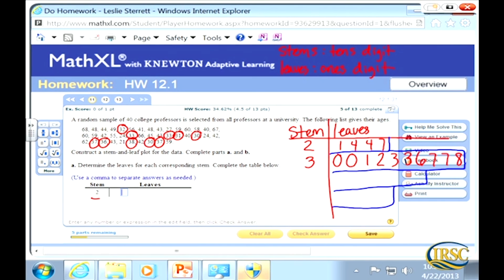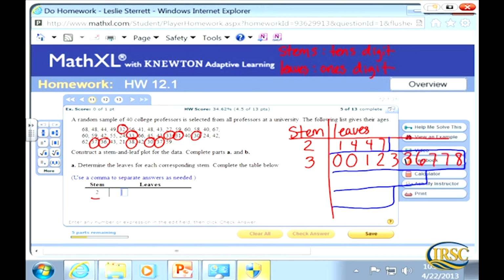Okay, if I make a bar at the end of each of my rows, if you turn it sideways, you would actually see what the histogram should look like if you were to draw it as a histogram. So again, the stem and leaf plot is sort of neat because you still have all of your information there, but it's in a nice organized way for you to write it.